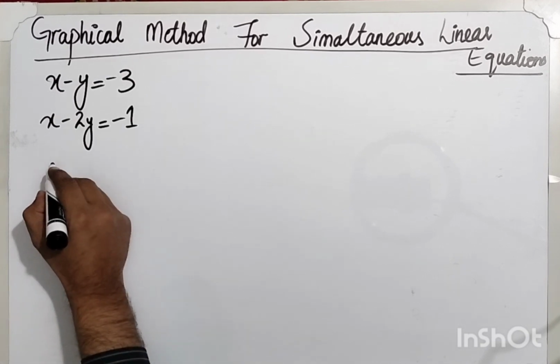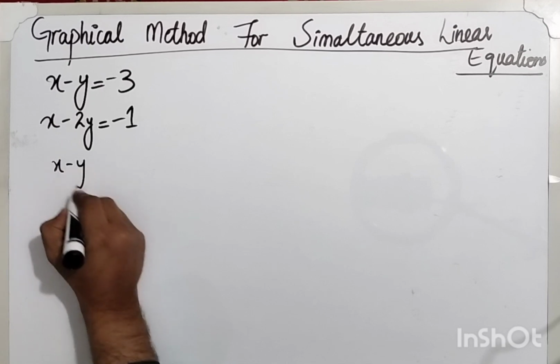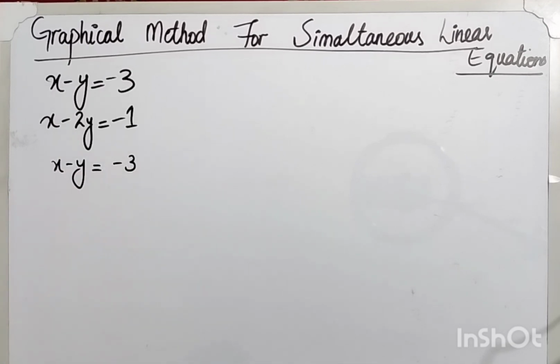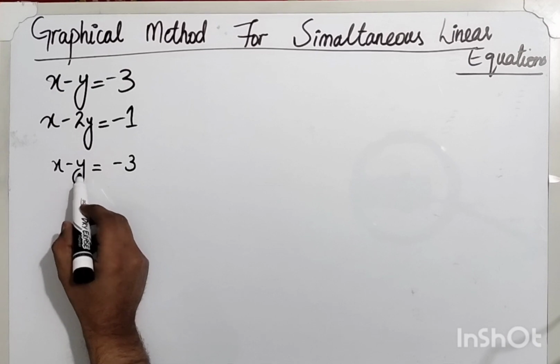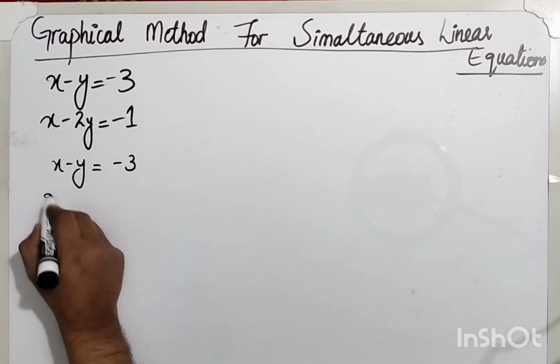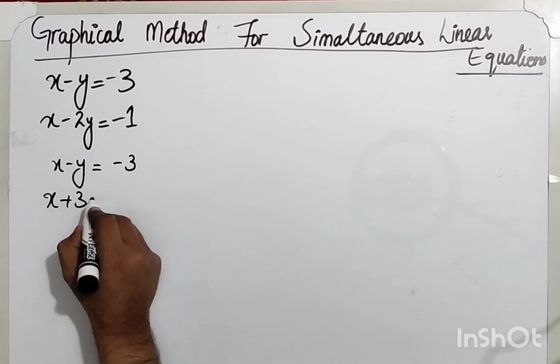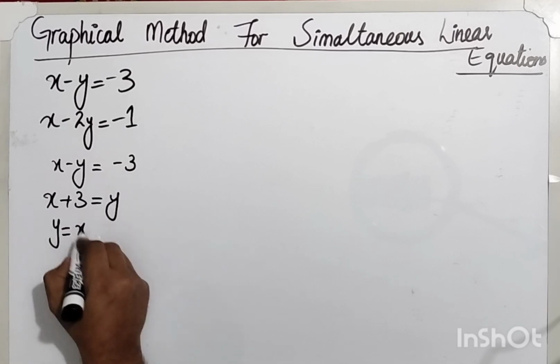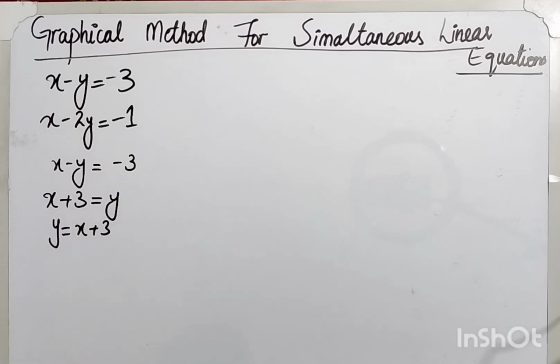For example, first of all, we have x minus y equals to minus 3. From this equation, I have to separate the variable and change the subject, and I'm going to make y as my subject. I'm shifting y on this side and 3 on the other, which gives us the equation y equals to x plus 3.